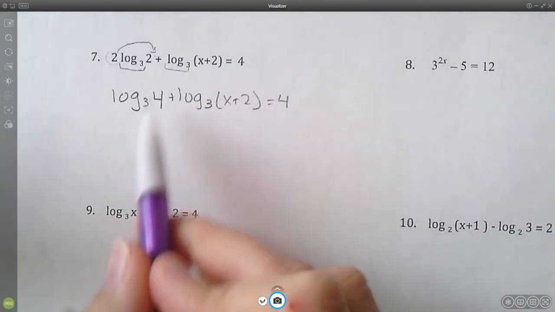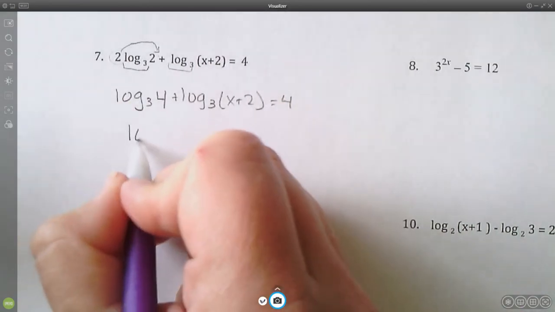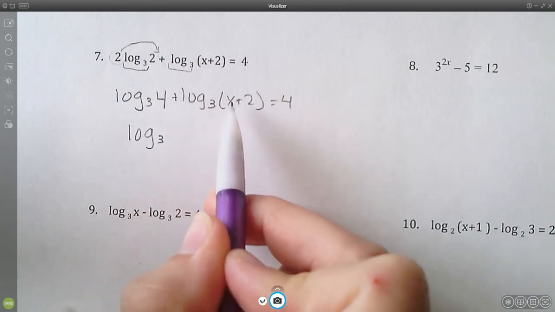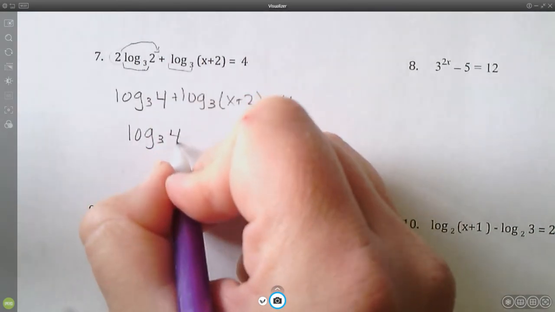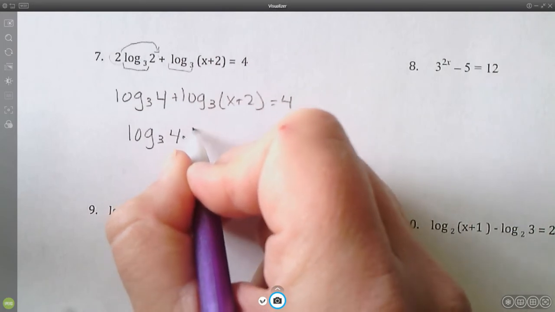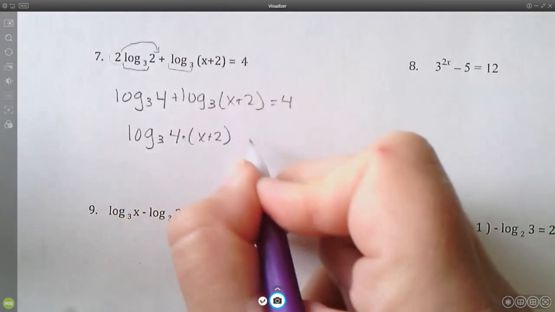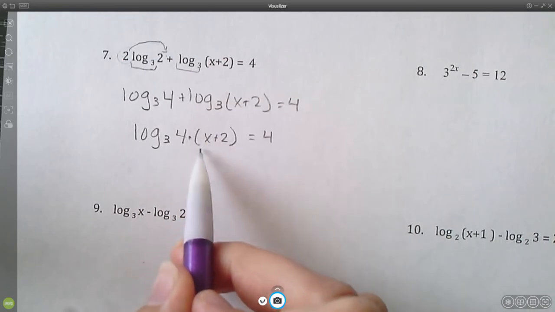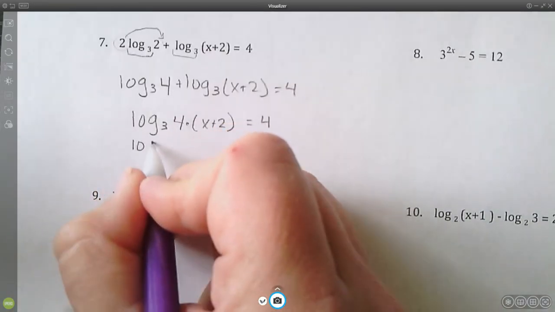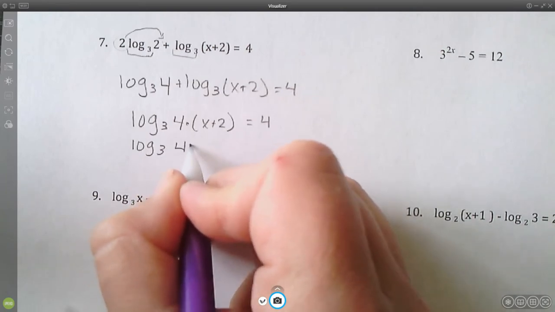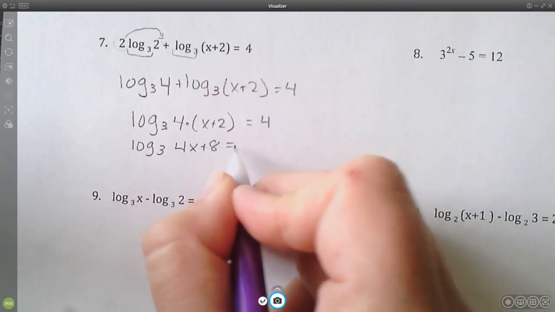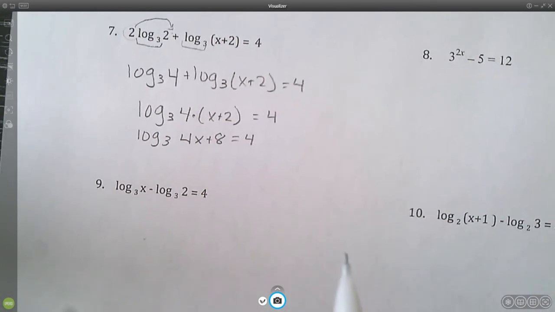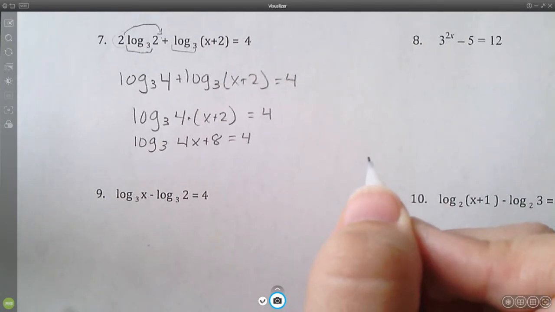Okay, so then go ahead and condense this down. So we'll have log base 3. This is addition, so we really need multiplication. So we're going to have 4 times x plus 2 equals 4. Okay, so we need to distribute this right here. So we'll have log base 3 of 4x plus 8 equals 4. Now we can take this and write it in exponential form.